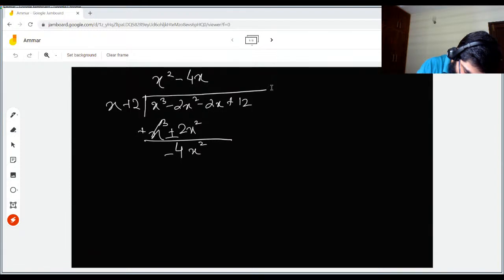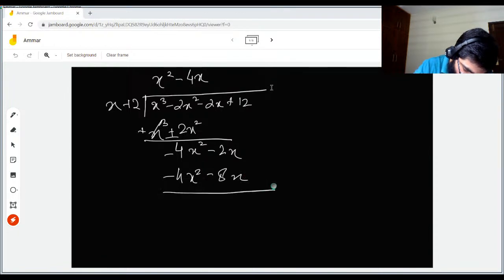First I bring this down as well, minus 2x from above, then I do the multiplication, so I will have minus 4x squared and negative 8x. And then if I subtract them, this becomes positive, this gets cut out, this becomes positive 6x, and then I bring down the positive 12, and then I multiply x with positive 6.